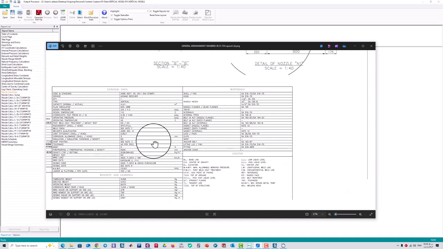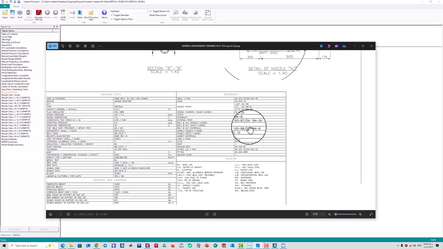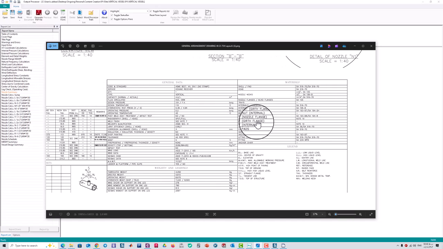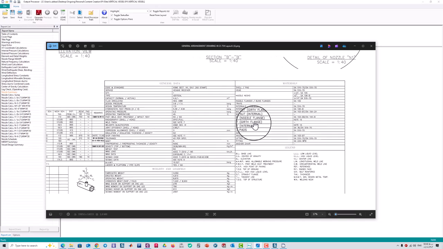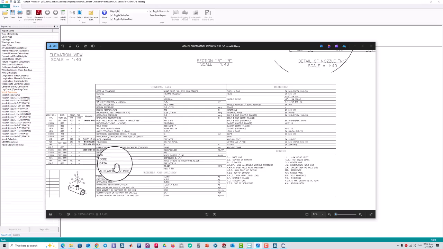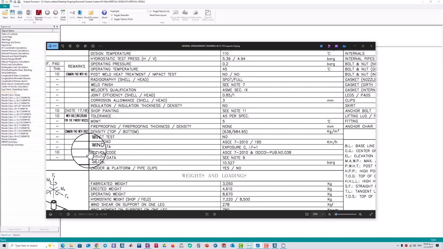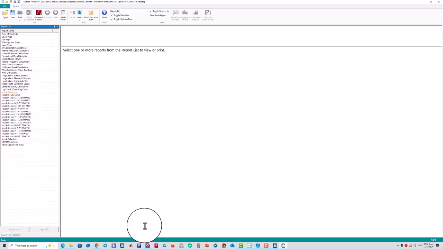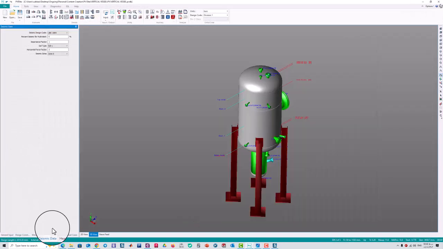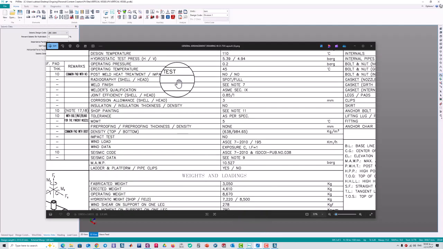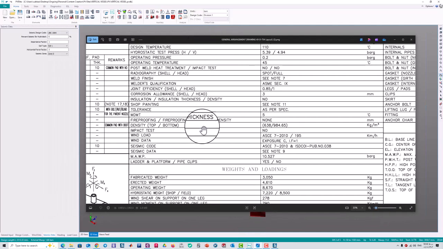In the general drawing, it says that the code for evaluating earthquake is ASCE 7 2010, and the seismic code is ASCE 7 2010.